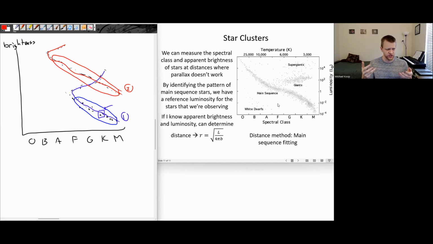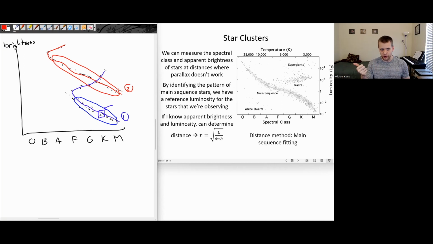So think about it this way. These main sequence stars in these two clusters, which one appears brighter to our eyes? Well, if this is brightness versus spectral type, the one that's higher on the brightness scale, cluster 2, looks like it's going to be brighter to our eyes.